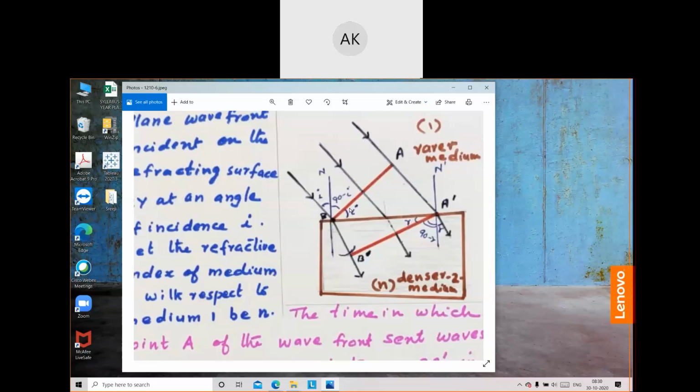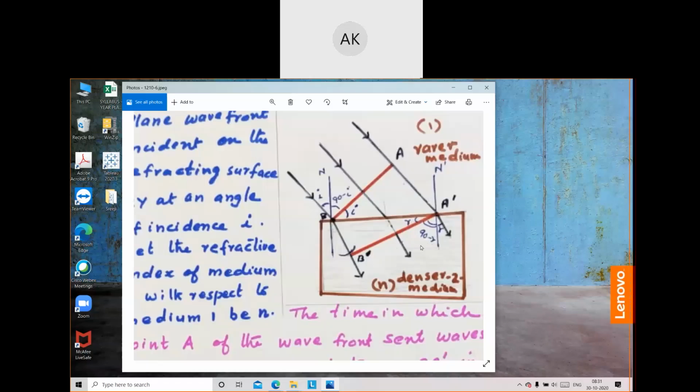By the time the wave from A reaches A dash, it cannot travel the same distance as we have seen in reflection. Light cannot travel the same distance A dash in the denser medium. It travels a distance A dash divided by the refractive index of the medium.